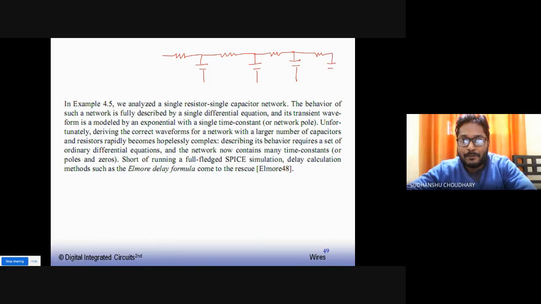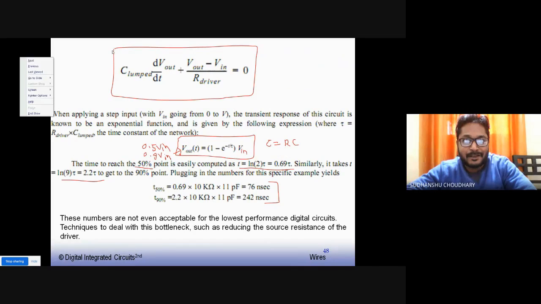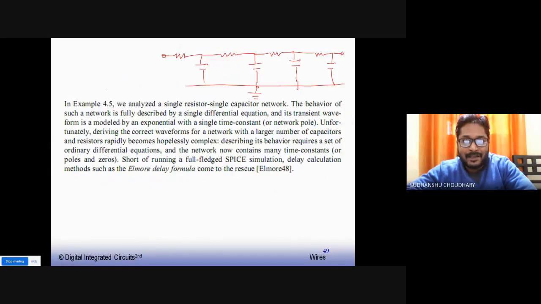Now for this circuit you will have a set of differential equations, not just one differential equation. Here we had just one differential equation because we had a first order RC circuit which had only one resistance and one capacitance. But now where you have many RC time constants, you will have to solve a set of differential equations and a set of RC time constants.